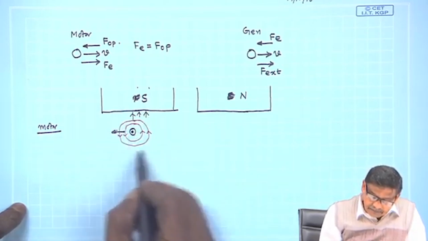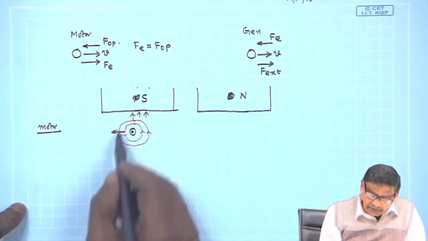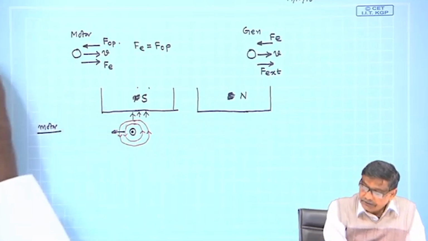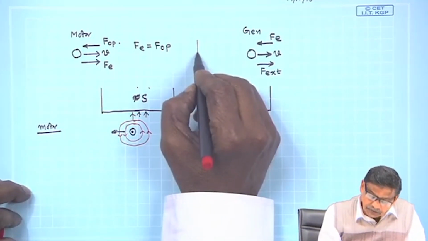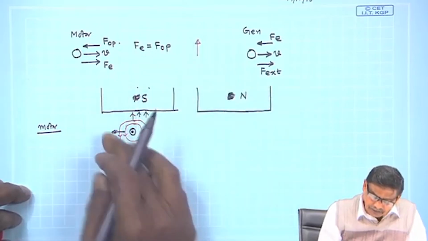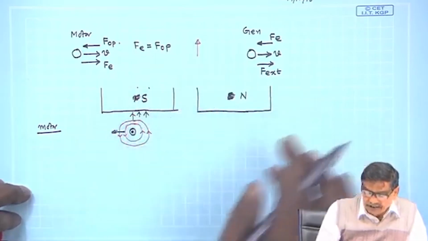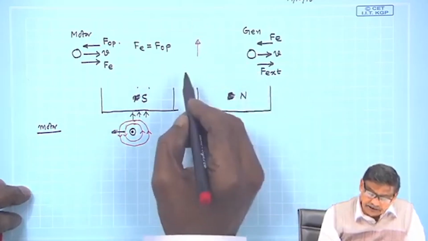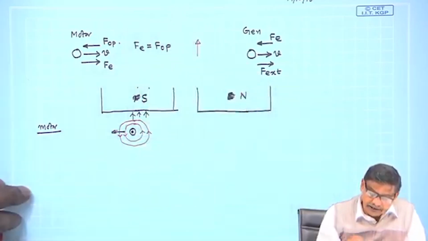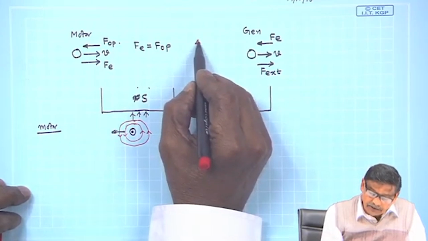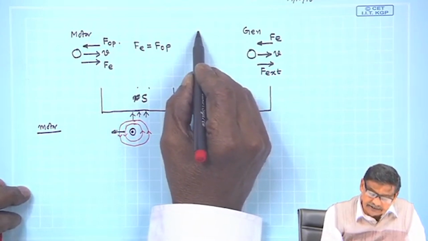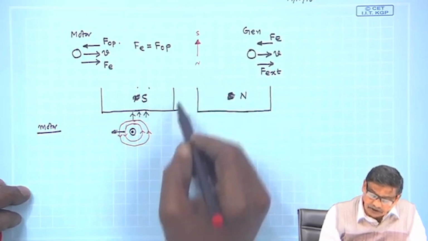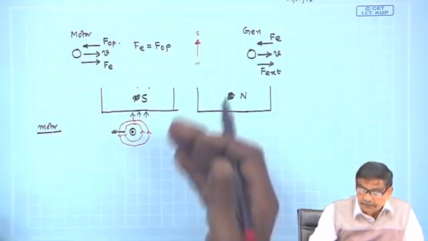The field around the conductor will be like this. I also told you that instead of drawing so many flux lines, if I draw a single line, a representative way of showing the field lines is in this way. Where the arrow is, you will expect this side is south and the other side must be north, from which you can always imagine it like that.